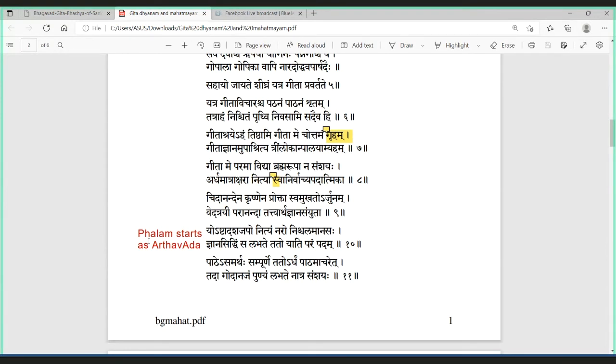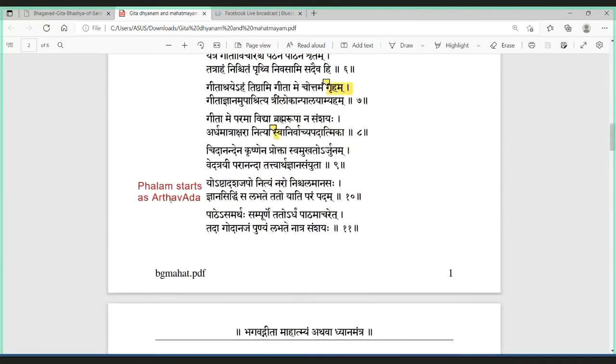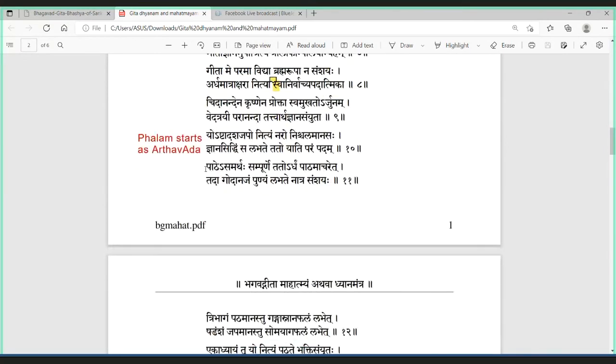And what is its object? Parananda. It contains highest happiness, gives Parananda. So, moksha. Then, now it starts the Arthavada. And this is very beautiful just for its own sake.